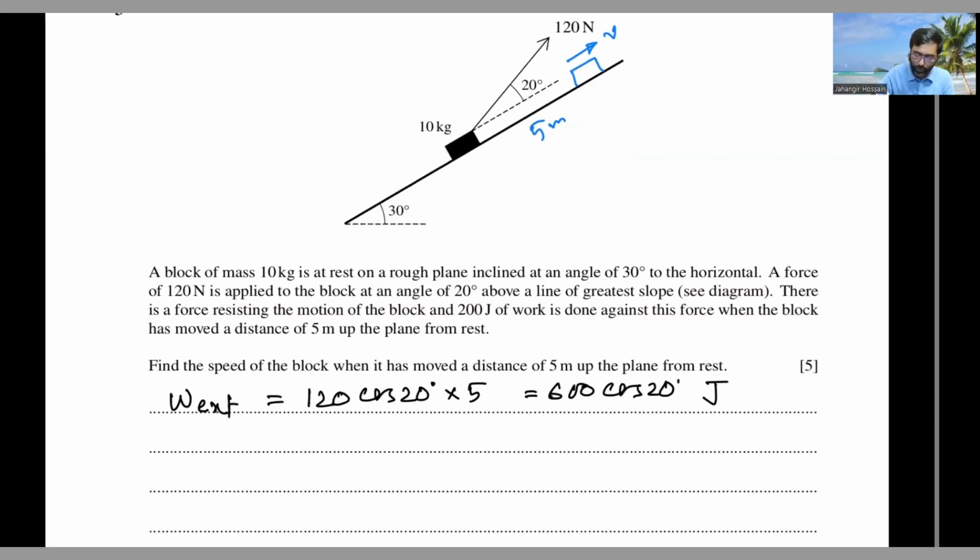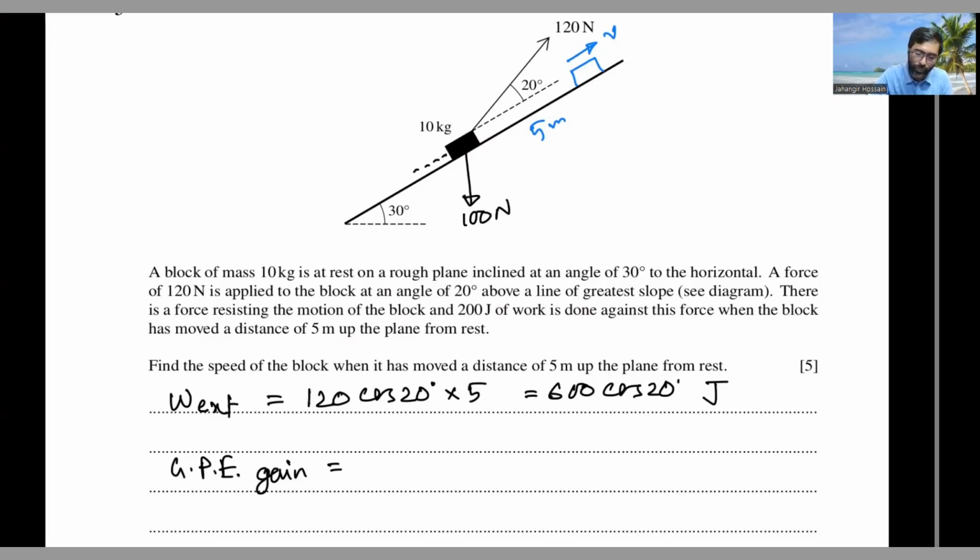Now, if we calculate the GP gain, since it is gaining height, there will be GP gain, and GP gain will be the component of weight along the slope times the distance. Weight is mg, that's 100 Newton.